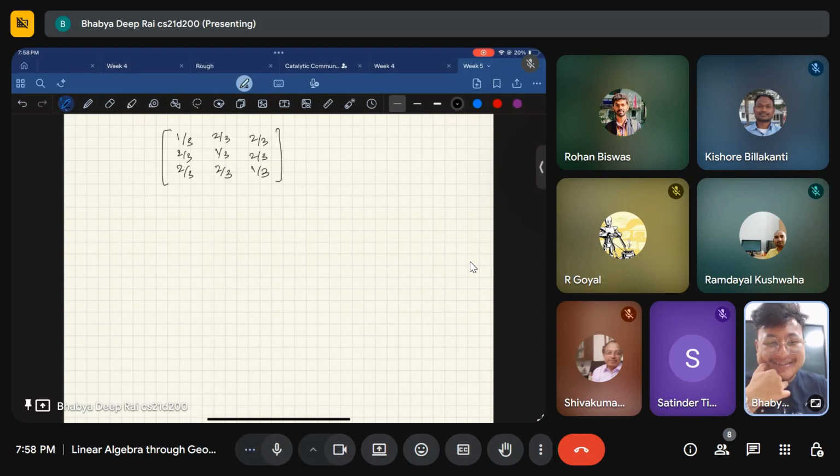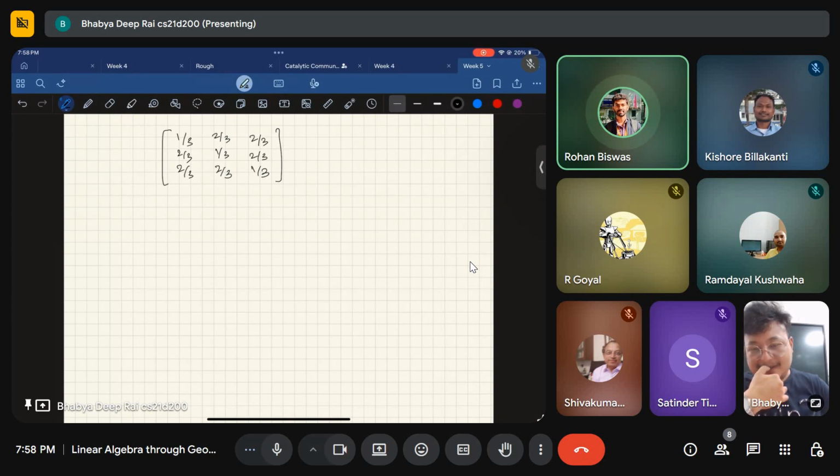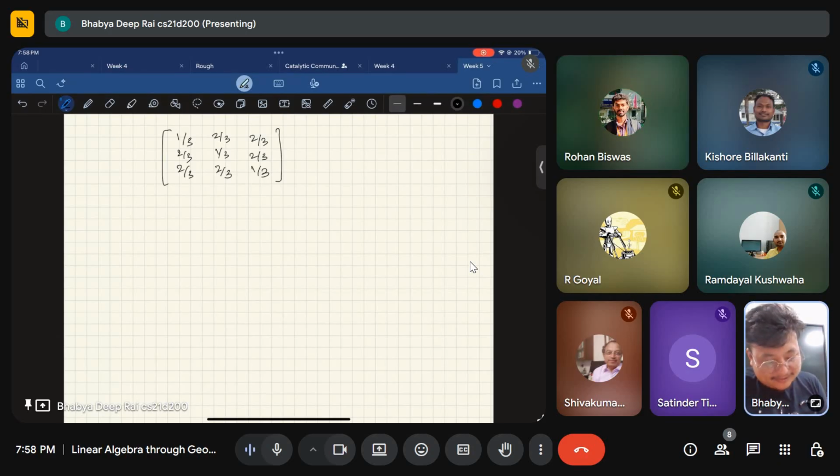Sir, can we use that T square equal to I thing, which you just showed us, and that will give lambda equal to plus minus 1. So a reflection matrix can have only eigenvalues plus minus 1. What you are saying is Tv equal to lambda v. Apply T once more: T square v equals lambda times Tv.